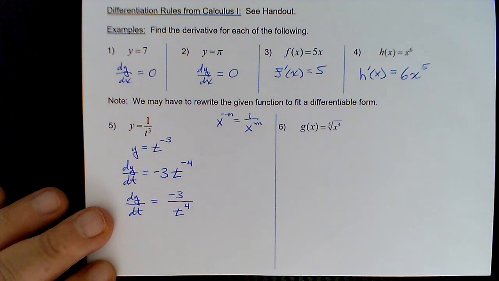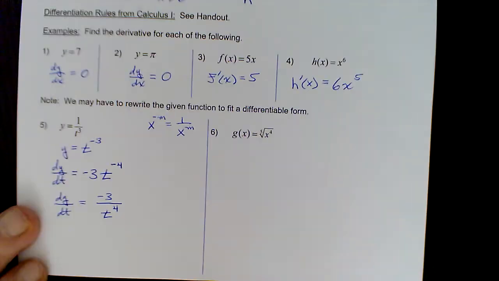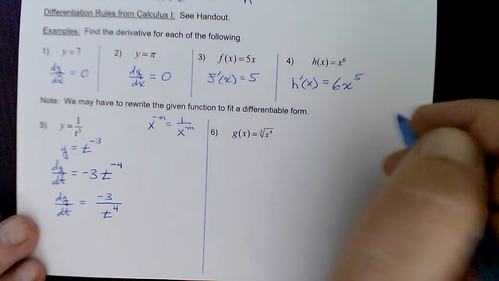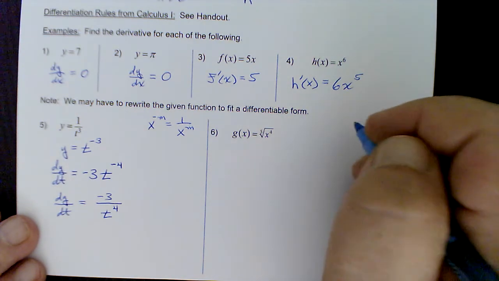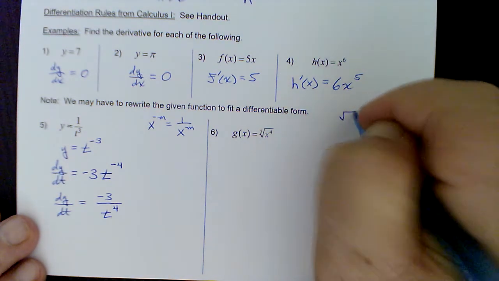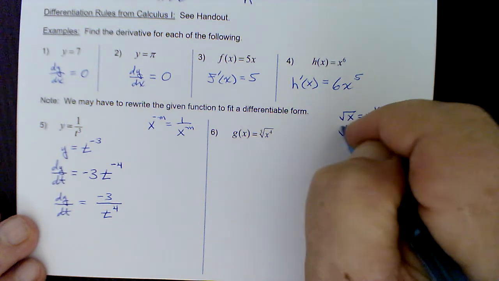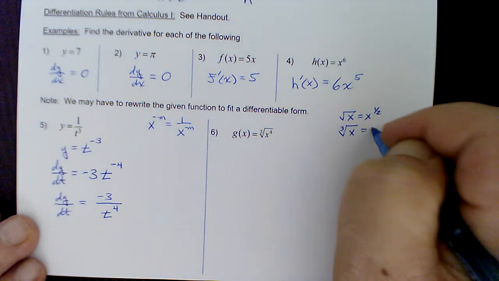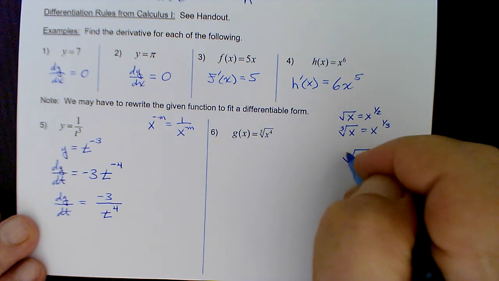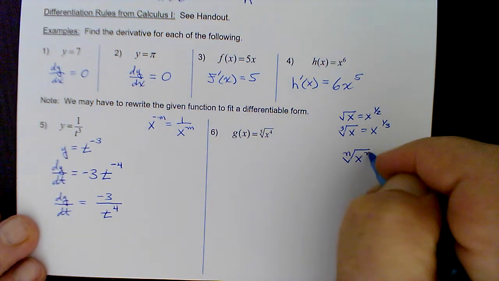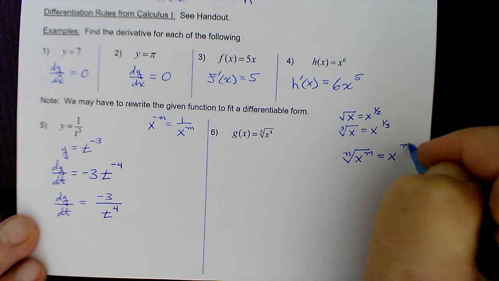Okay, then we get to another example here that involves a radical. And so you have to know, most people know the square root of x is x to the 1/2, or the cube root of x, these are the ones we most commonly encounter, is x to the 1/3. But if you see it in general, the nth root of x to the m power, it's x to the m over n.